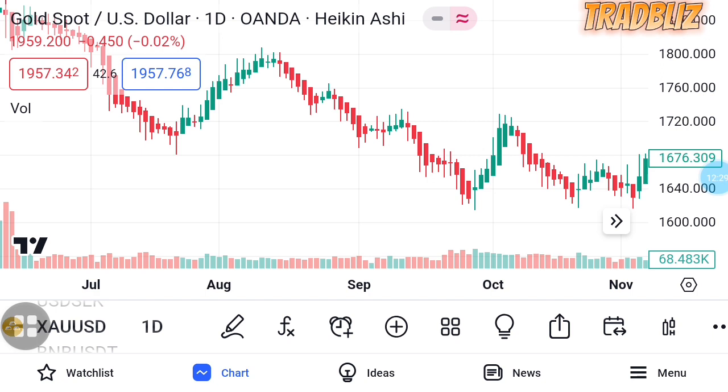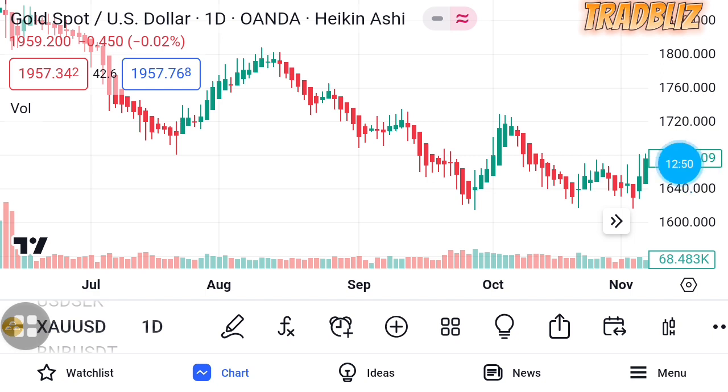Anytime the market goes down, it's red. Anytime the market goes up, it's green. But anytime you see red in between the green, it shows that it went down below the former green.